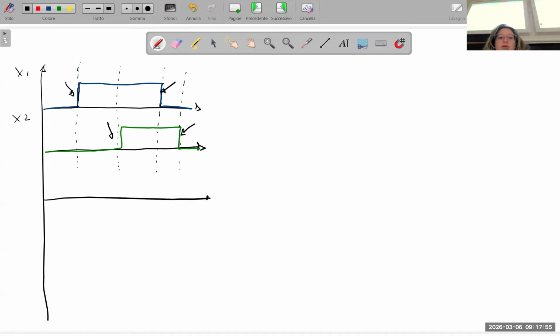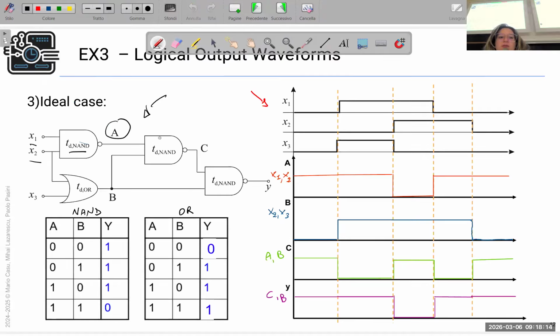So here, let's see how A will be. I suggest you proceed in this way so that it's more clear. Let's go step by step. The NAND is 1 in all cases and 0 only in the case where we have 1 and 1.